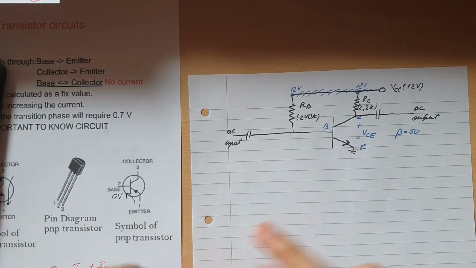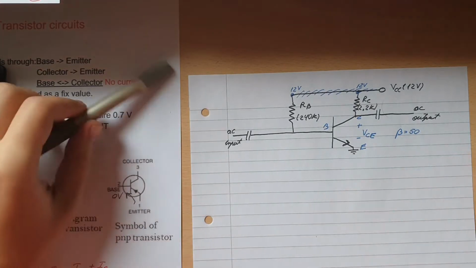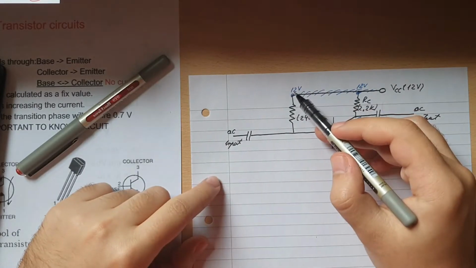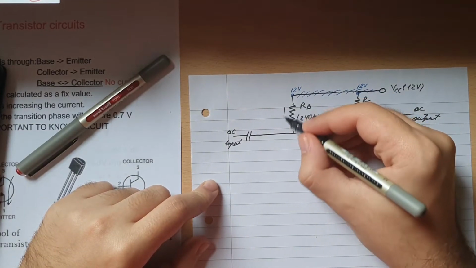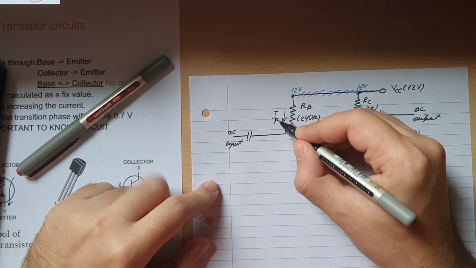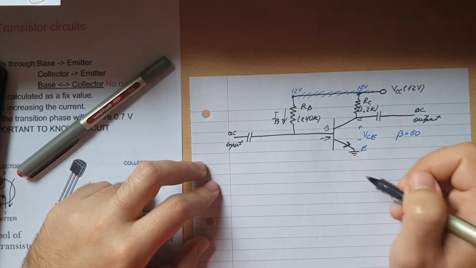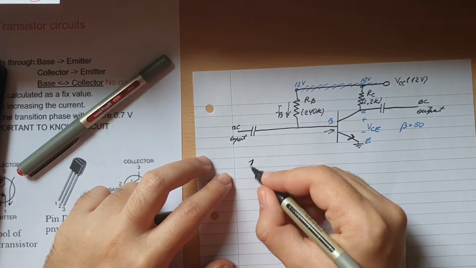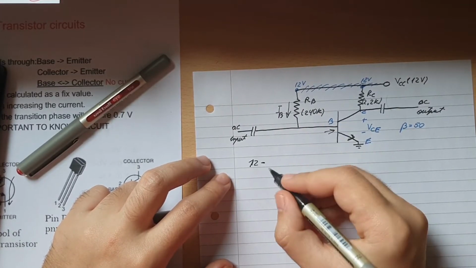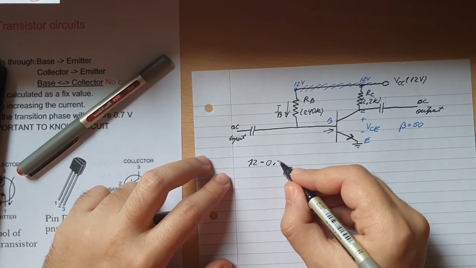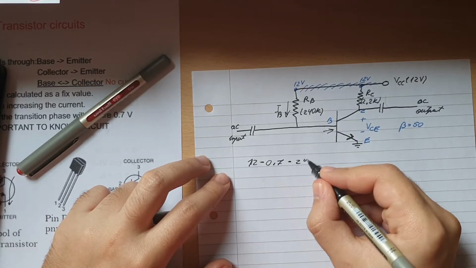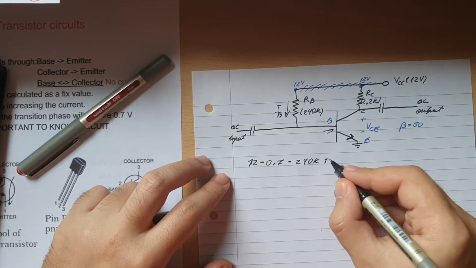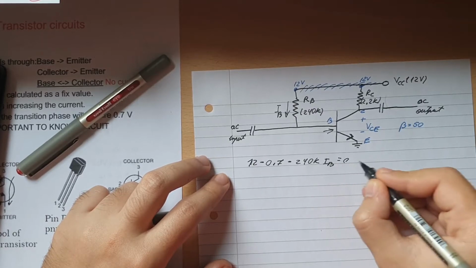Anyway, first step. 12 volts is coming from this point, it's coming down in this direction to IB, and then going inside the transistor, which will go to the emitter. So we can say that 12 minus 0.7, the voltage here, minus 240k IB will equal 0.